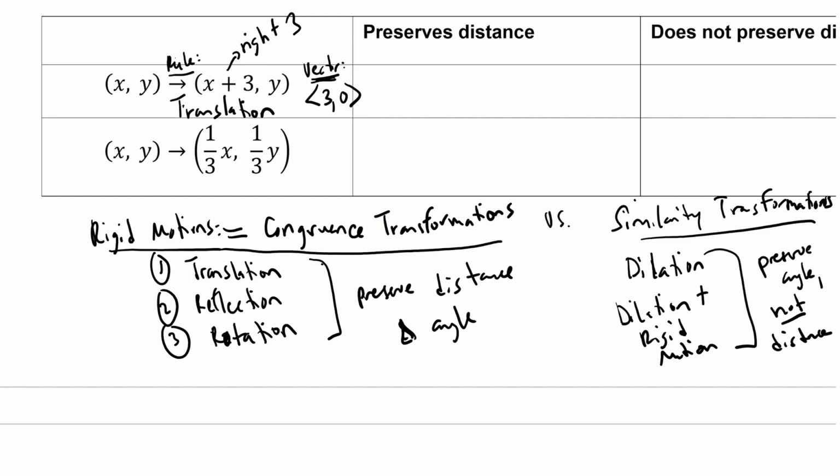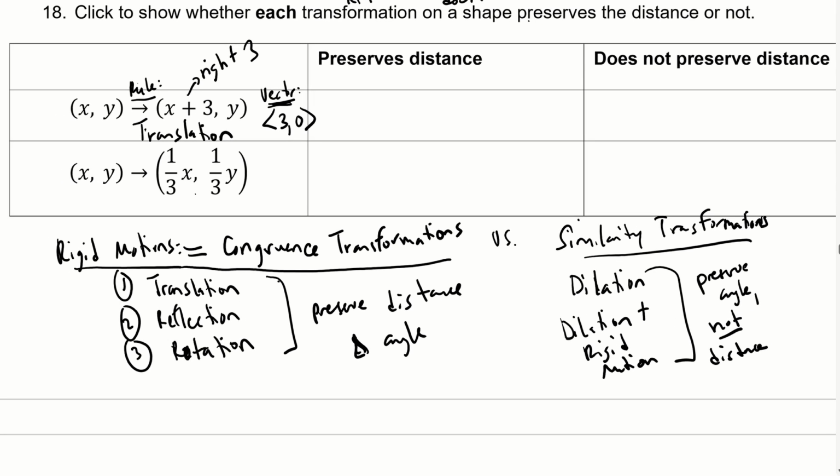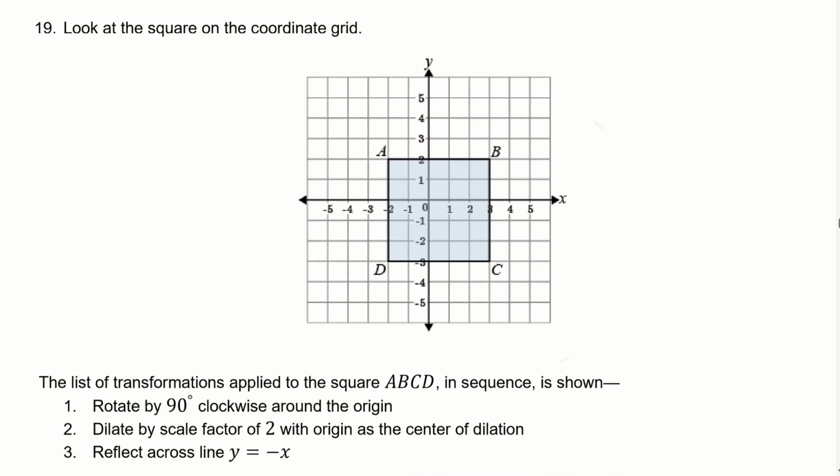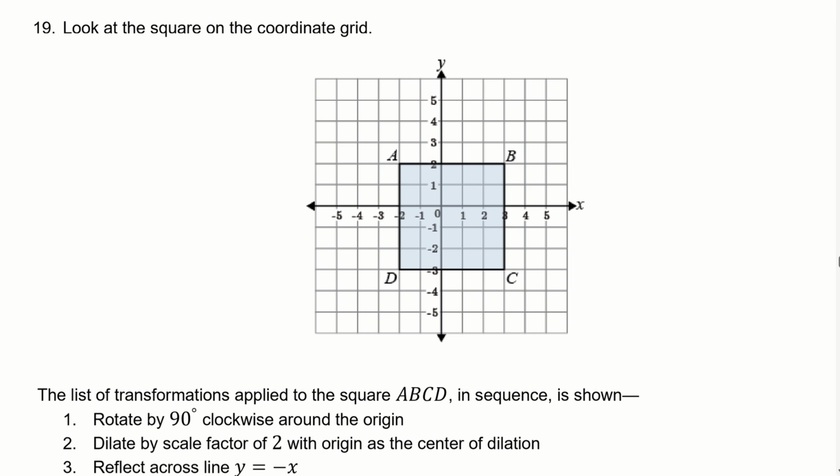So it's good to know the difference between those two. Now this right here, this rule is a dilation, because you're dividing by the same number, right? Divided by 3, things like that. And so when you see that, that means it does not preserve distance, okay? And then this one does. All right, so all that just to say that, but we did want you to know the different transformations.